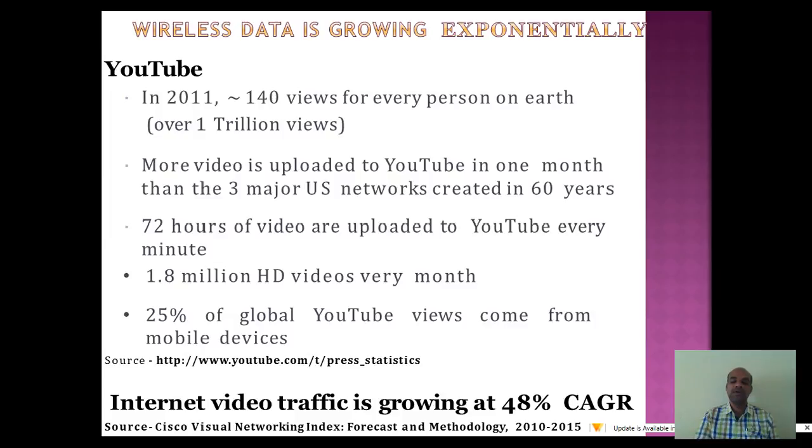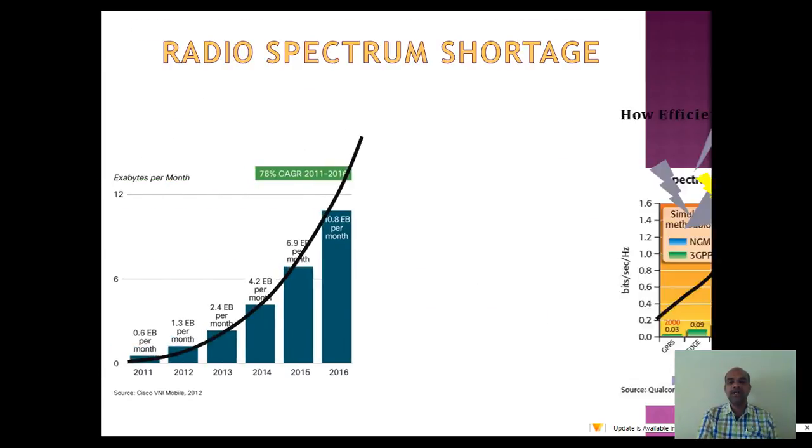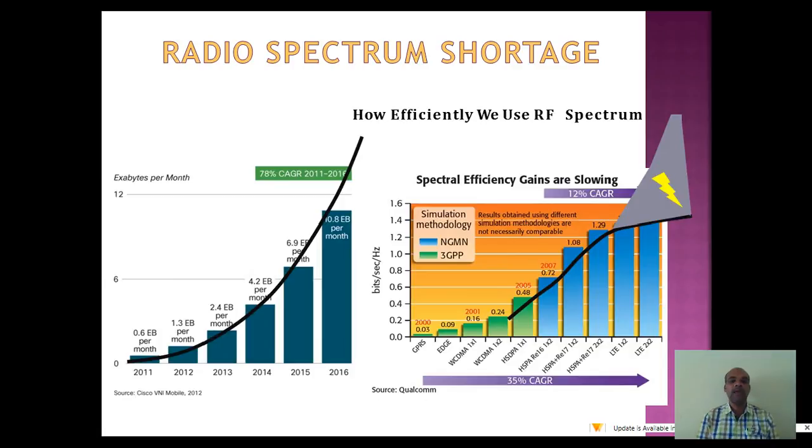So everybody is using a smartphone, and always they are trying to connect with the existing Wi-Fi system. The average growth is reported as 48%. And if you consider the radio spectrum in 2011, only 0.6 exabytes per month were used, whereas in 2016 the usage is around 10.8 exabytes per month.